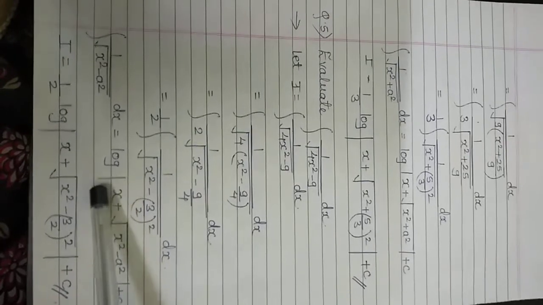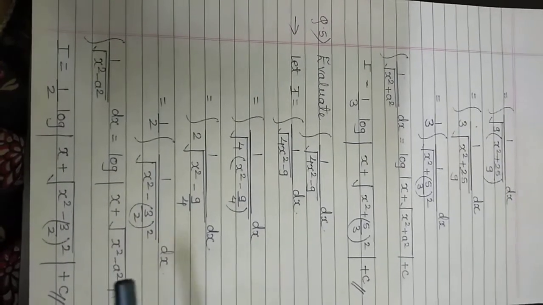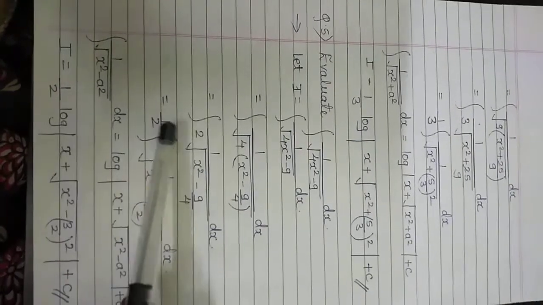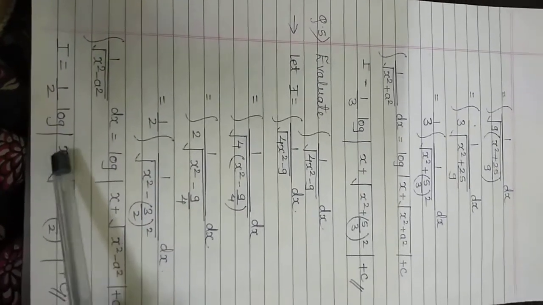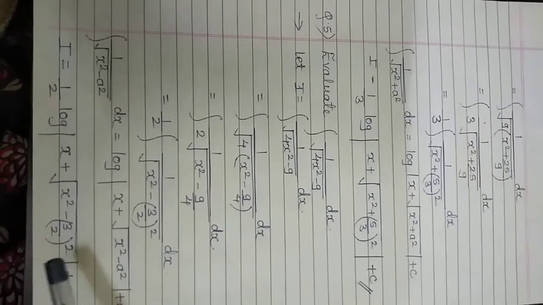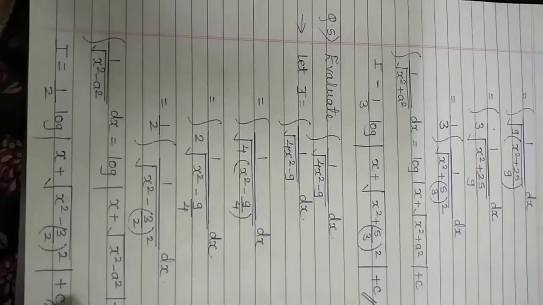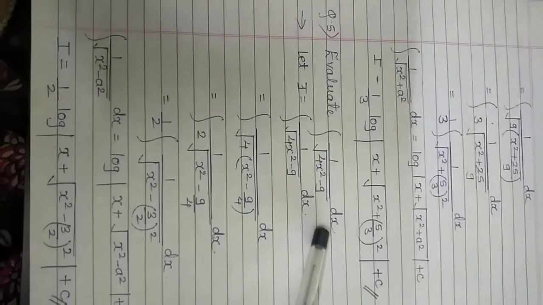So applying this formula and substituting the value of a as 3 by 2, we will get half, which is constant, into log of x plus under root x square minus 3 by 2 the whole square plus C. And this is the answer for the given question.